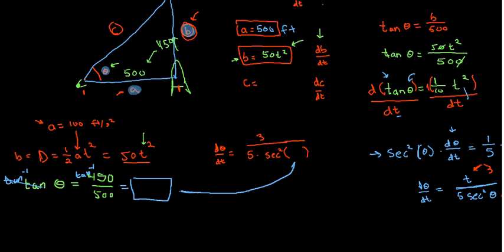So again, do order of operations yourself. Don't make your calculator do order of operations. Do not try to plug this whole thing into the calculator. Do 1 divided by cosine of that number squared, then multiply by 5, then do 3 divided by that answer, and that will give you d theta dt.